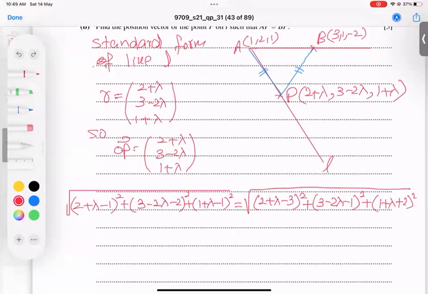First of all, to simplify, I square both sides. So the square roots on both sides cancel automatically.